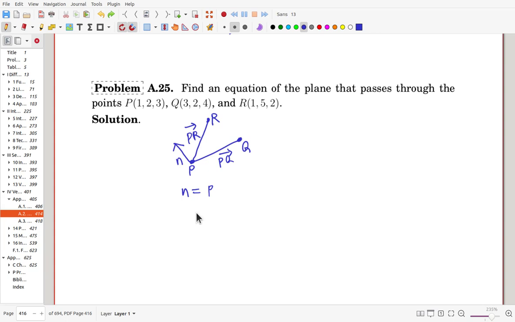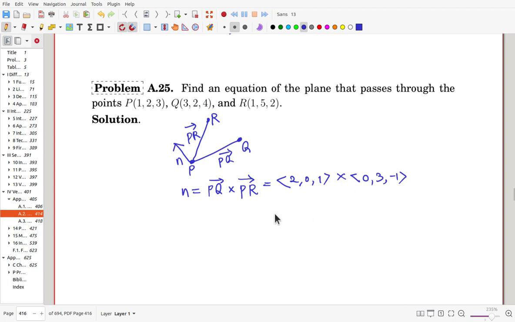What is PQ? That is Q minus P, so that is 2, 0, 1. Now cross product with PR, R minus P, which is 0, 3 and minus 1.